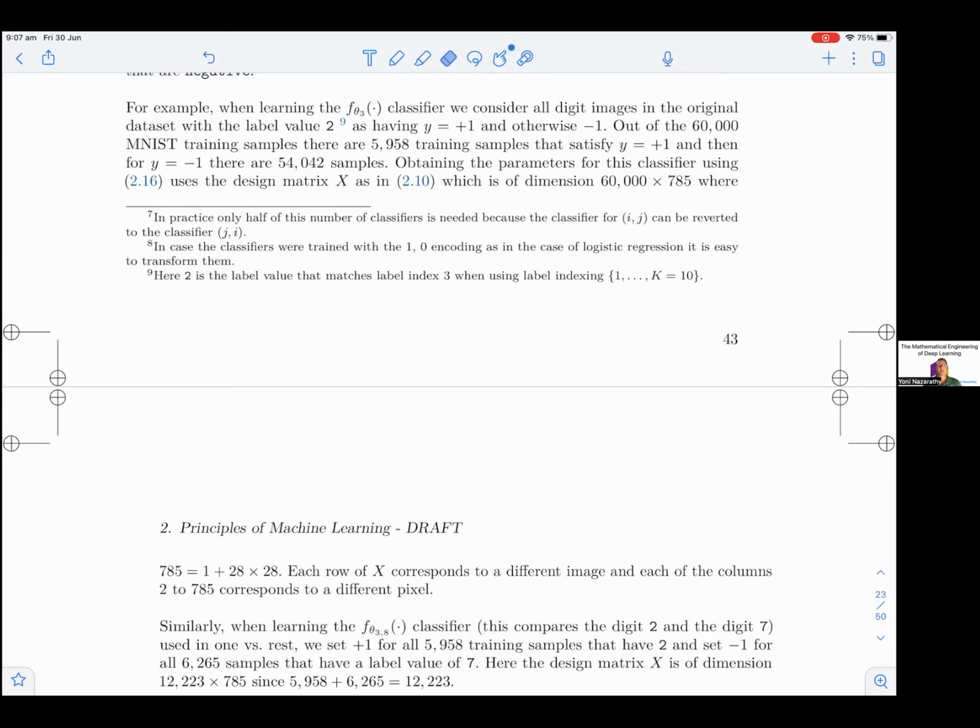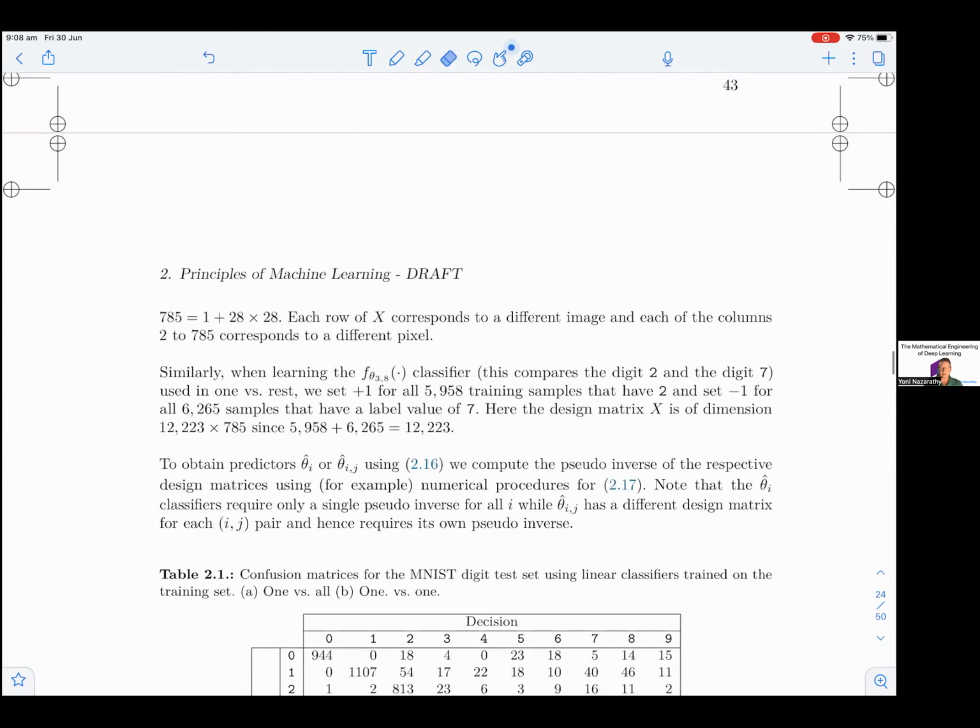Out of the 60,000 MNIST training samples, there are 5,958 training samples that satisfy y = +1, and for y = -1 we have the remainder of samples. Obtaining the parameters for this classifier using 216 uses a design matrix X as in 210, which is of dimension 60,000 by 785. So we have 60,000 observations and 28 squared, which is 784, plus 1 makes it 785 for the columns. That 785 is 1 plus 28 times 28.